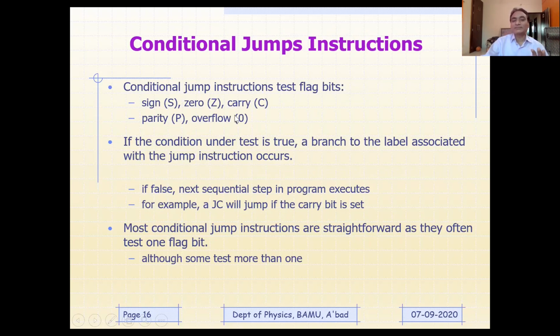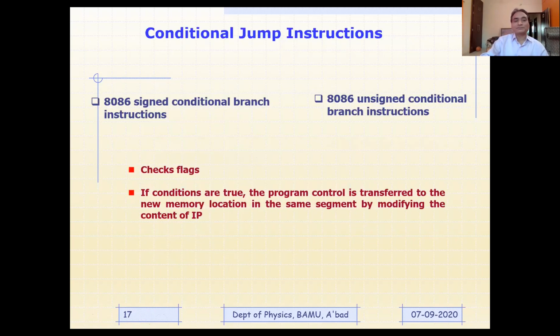These are the 5 flags which are tested by the jump instruction in case of a conditional jump. Depending on whether the sign flag is set, the zero flag is set, or the carry flag, or whatever, control will either transfer to that particular memory location, or it will follow the next instruction.